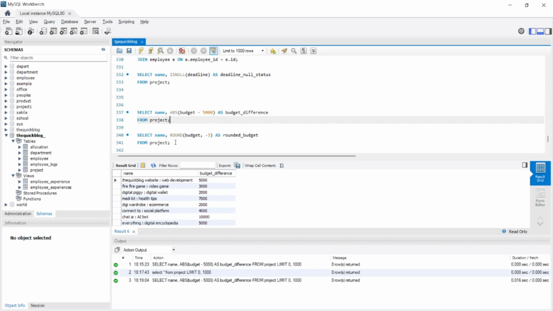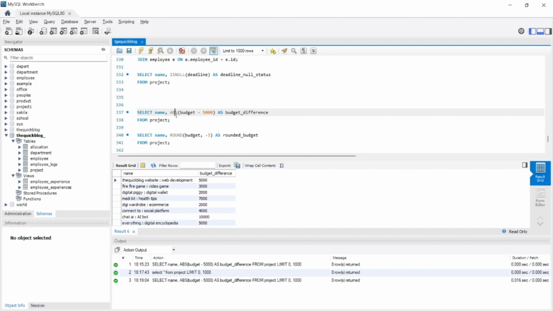So I hope you have got some idea about the ABS. It is used in cases where the required answer cannot be negative, like the difference of age between father and son, or the difference of budget, which cannot be negative, and years cannot be negative.